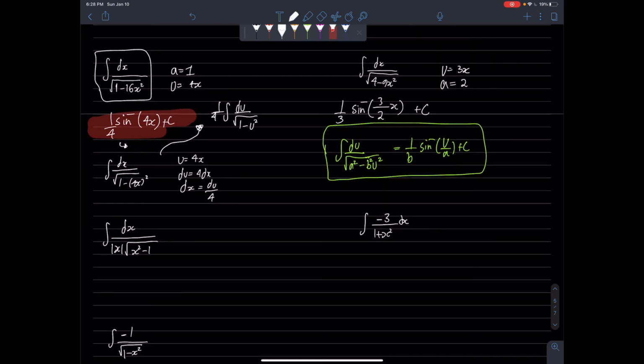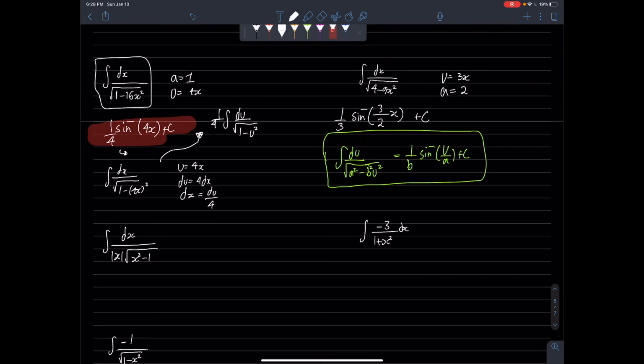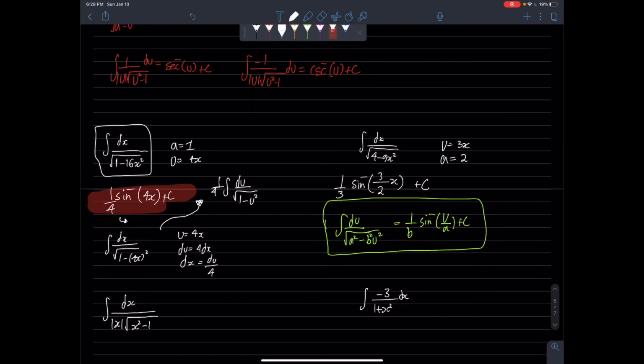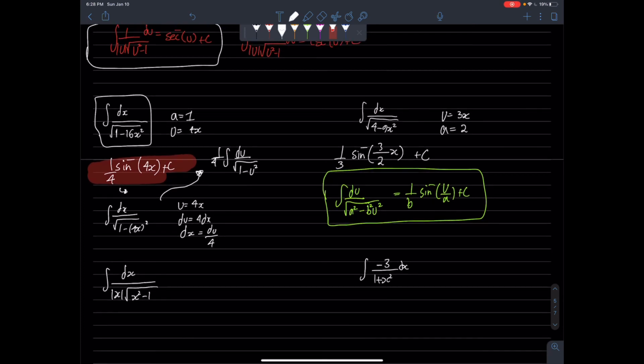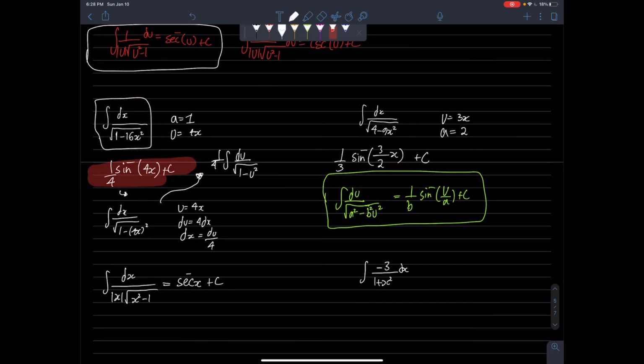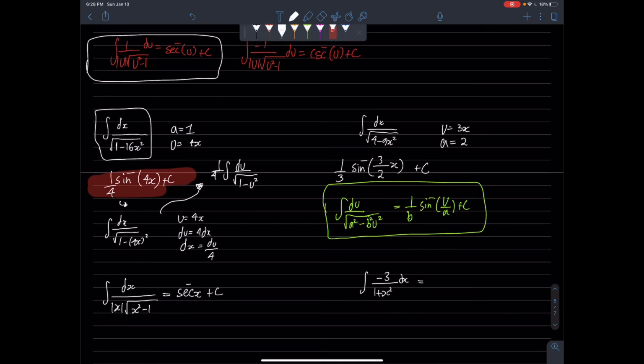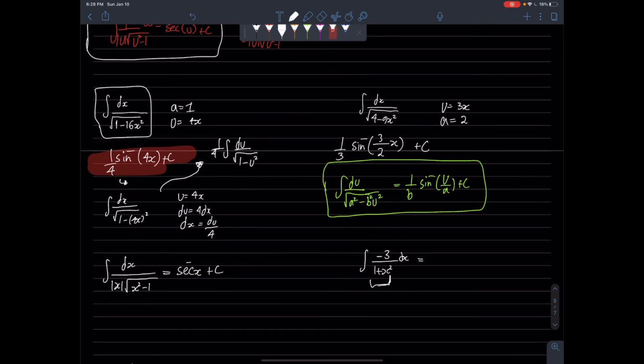So now what is this one? Dx over absolute value root of x squared minus 1. This one seems like this. Secant inverse. So we'll just do it here. It's just variables are replaced for x with u. So secant inverse of x plus c. This one, negative 1 over 1 plus x squared. Whenever I see this, I just instantly think tan. It's something to do with tan.